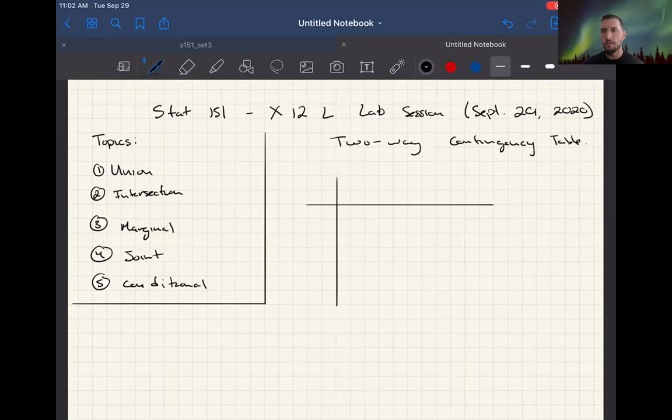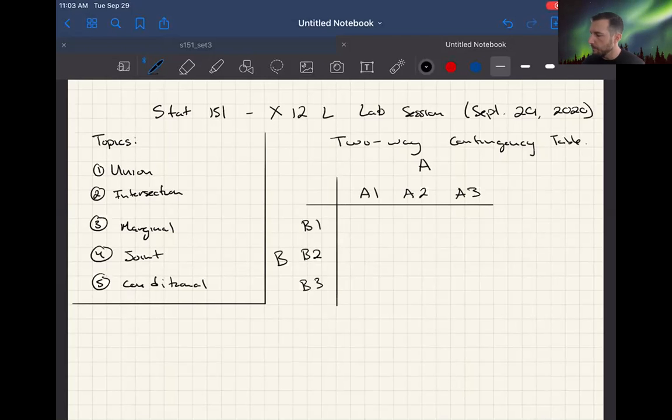And within each of those, we're going to have some kind of outcome. So we might have A here and B here, for example. Let's say that each of these has three outcomes. So we'll call this A1, A2, A3. We'll call this B1, B2, and B3.